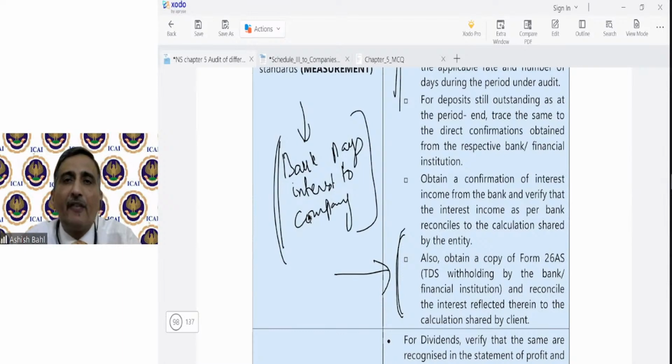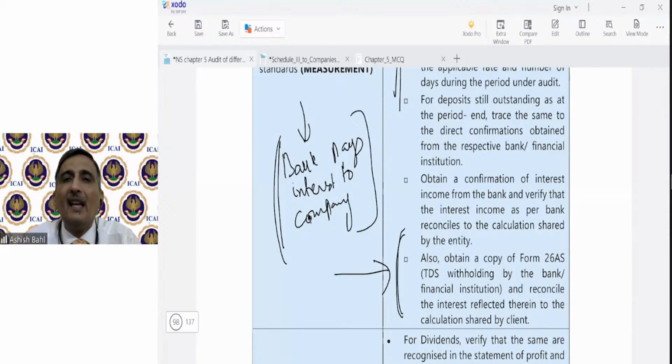The company has made some fixed deposit with the bank. So the bank would be deducting TDS if the interest is above a certain limit which is specified in the Income Tax Act, tax deducted at source.